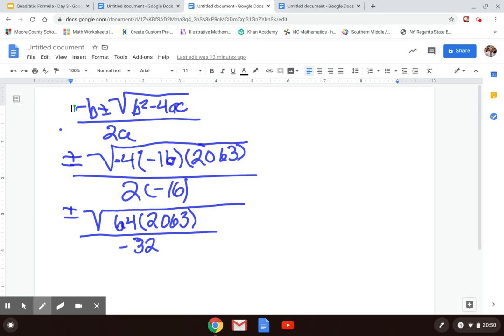So 64 times 2063 is going to give me plus or minus the square root of 132,032.